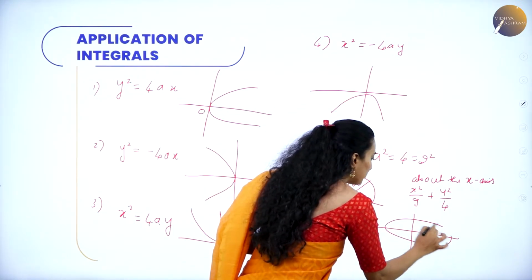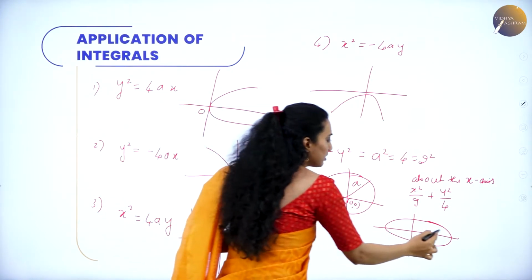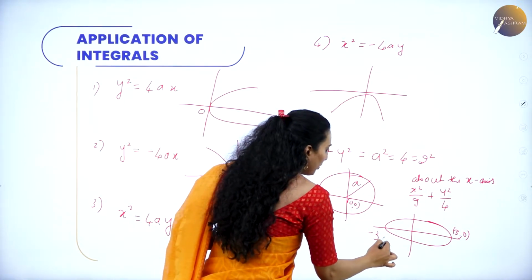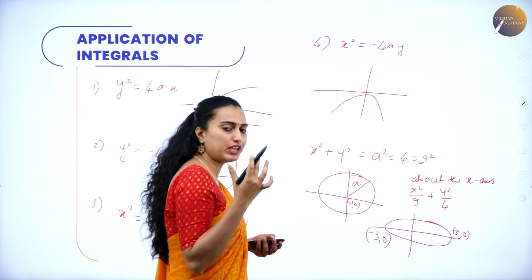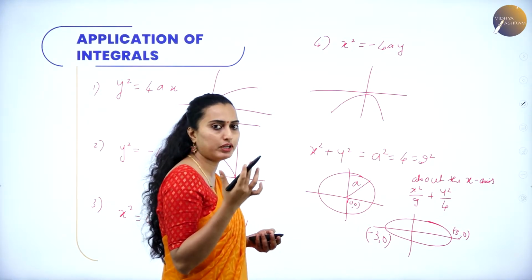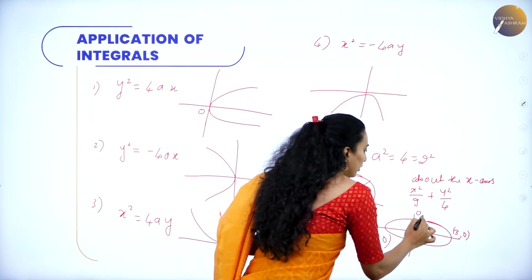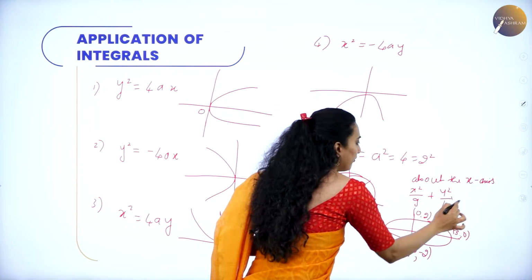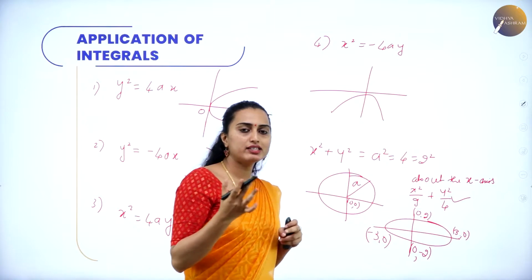This is the ellipse about the x-axis, and this is (3, 0) and here (minus 3, 0). And 4 means 2 squared, so y squared is equal to 4, y is equal to plus or minus root 4, which is plus or minus 2. So this is (0, 2) and this is (0, minus 2). I have taken this accordingly, so it may change according to the given coordinates of x and y.